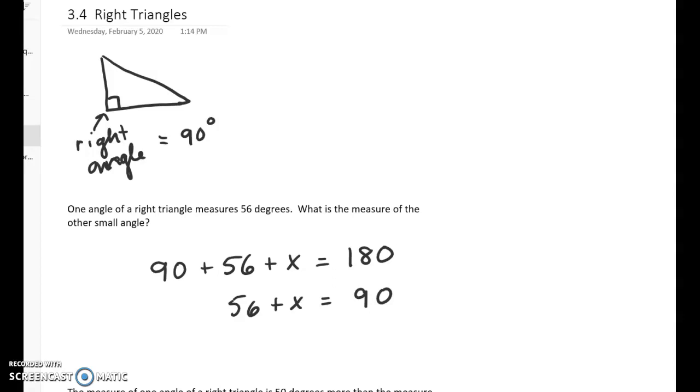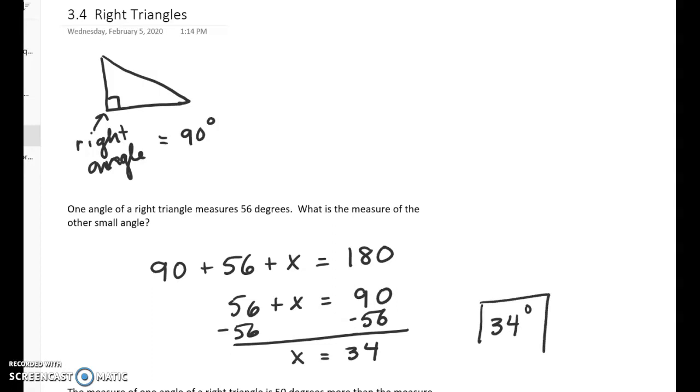It's probably easier to look at that. All right, so if I subtract the 56, but it would work either way, you're going to get x equals 34. And that's going to be a degree measurement, so 34 degrees, because you're finding the measure of that angle.